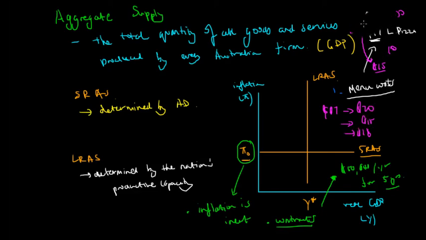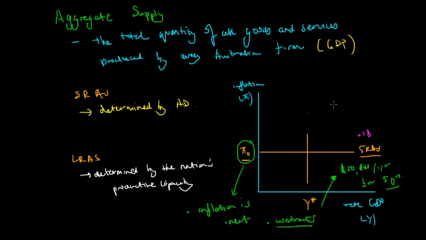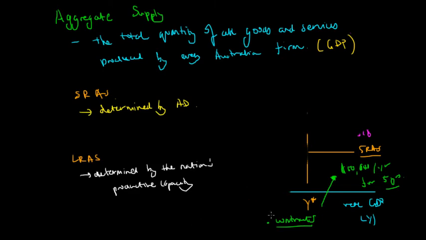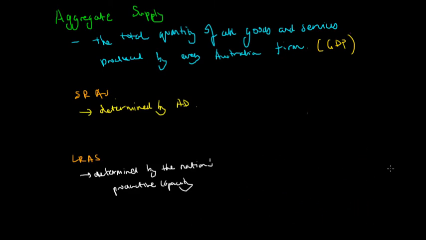Okay, let's work this all out. So let's look at the determinants of long run aggregate supply, which is determined by a nation's productive capacity. And we talked about the production possibility frontier, which is how much the nation can produce with the available resources, technology, and capital that they have.